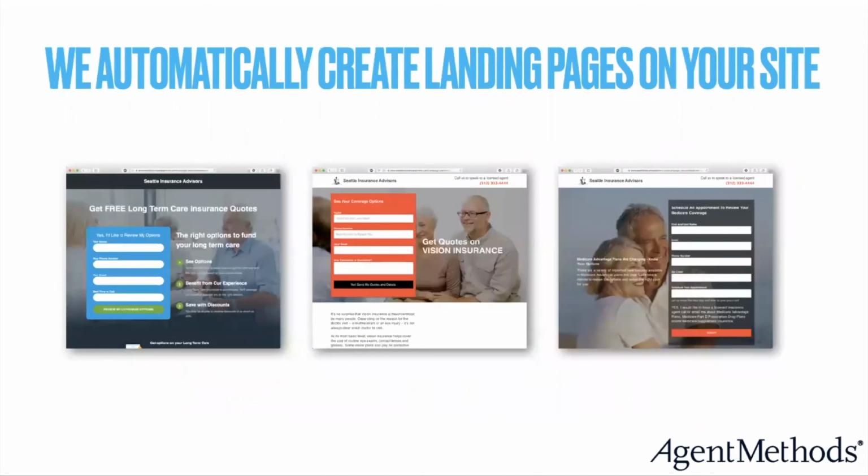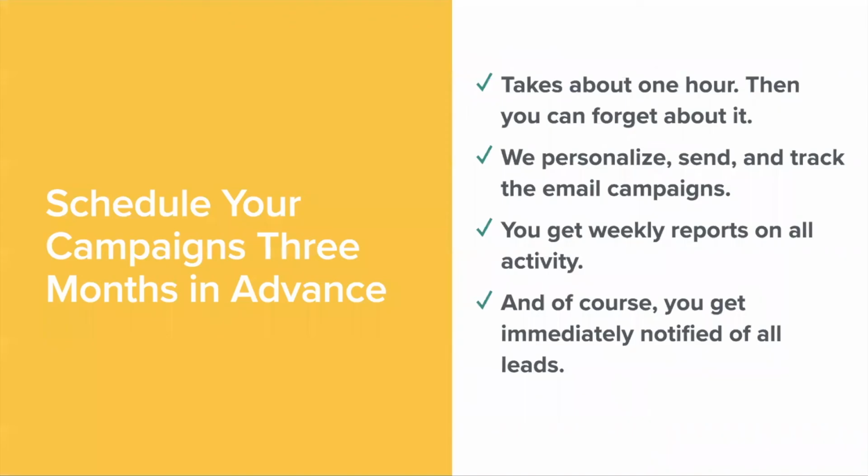We create a landing page, which is the call to action for that campaign. And that gets automatically created, personalized, and added to your site. And then you schedule. So you can work 3 months in advance, and you basically say what you want to go out in September, October, November, click go, takes about an hour to do, and then you can forget about it, and the rest runs automatically.